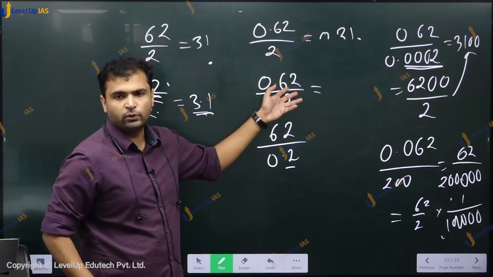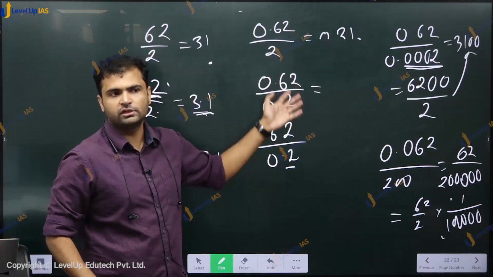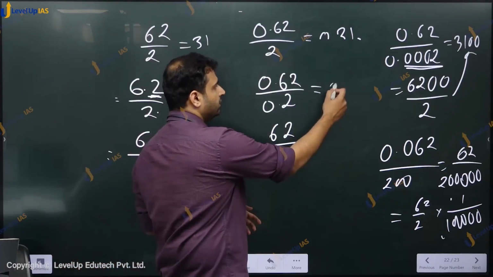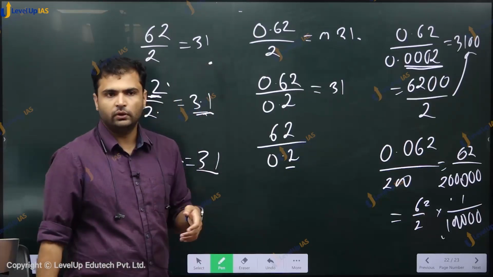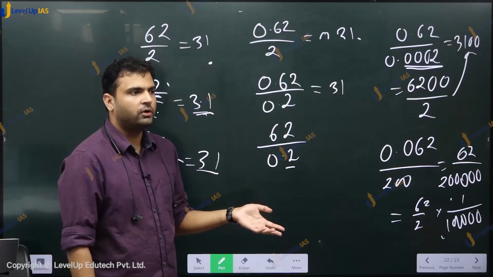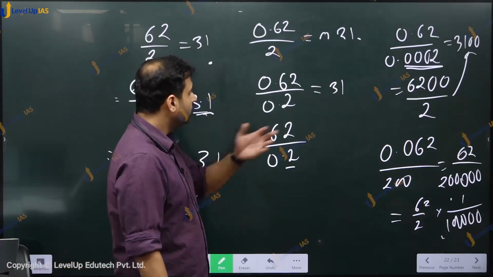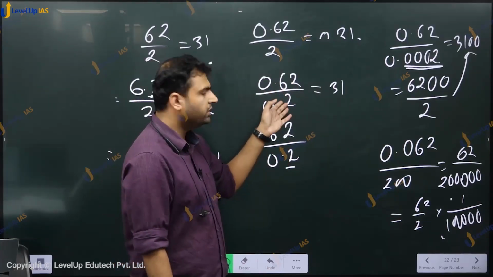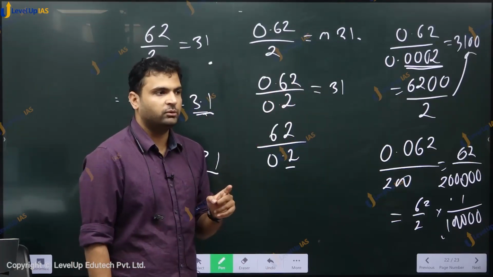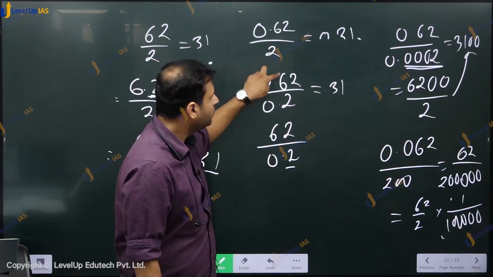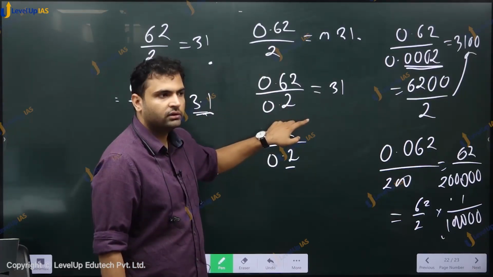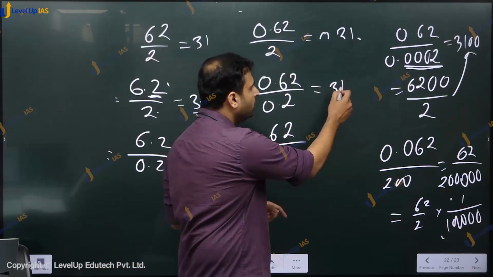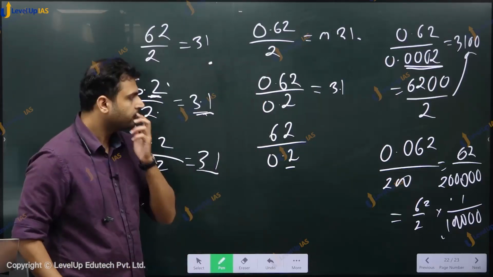So we have 62 in the numerator, 2 in the denominator. 62 divided by 2 is 31. Okay, and now we are trying to worry about decimal point. In numerator we have 2 digits after decimal point, and in denominator you have 1 digit after decimal point. So what we do is we take 2, we subtract 1. 2 minus 1, 1. So we give decimal point after 1 digit.